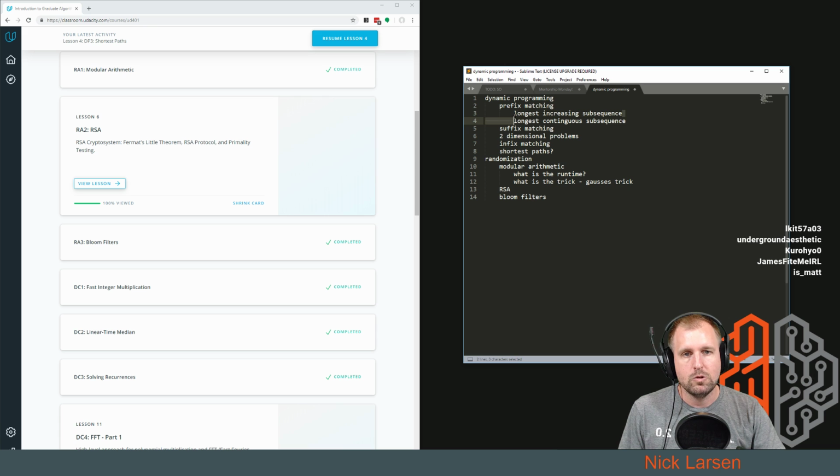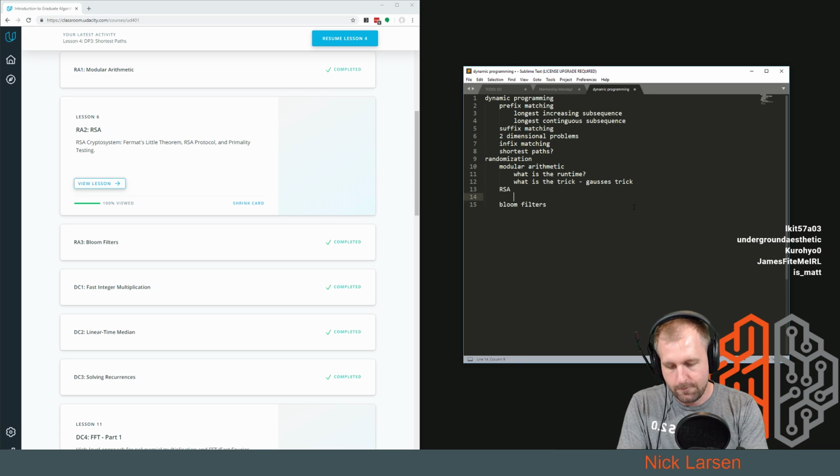And that's why we're breaking it down like this. You get to RSA, you start breaking RSA down into parts, right? The first thing I need to do is make sure modular arithmetic is actually part of that.